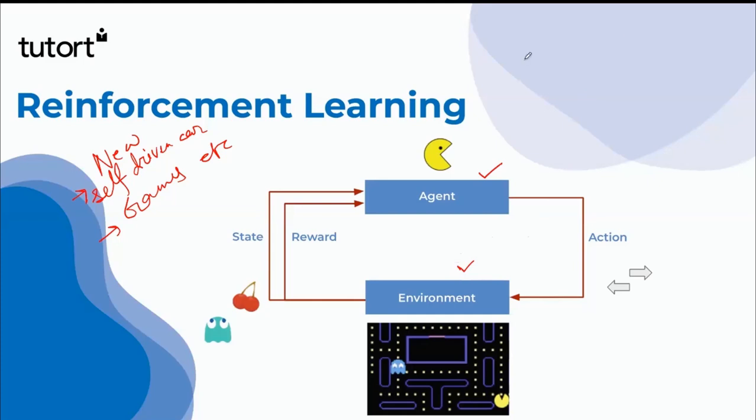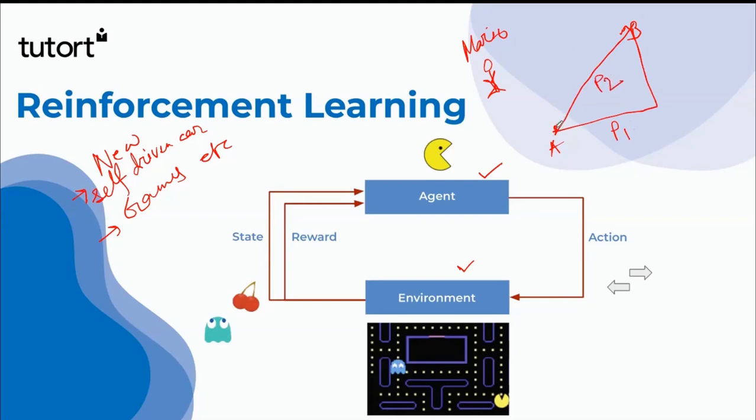So what will be the desired output? Let's take an example. Suppose Mario wants to travel from point A to point B, and there are multiple paths for that. The first path is this, path 1. The second is path 2.